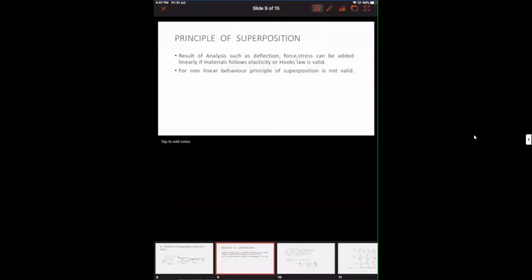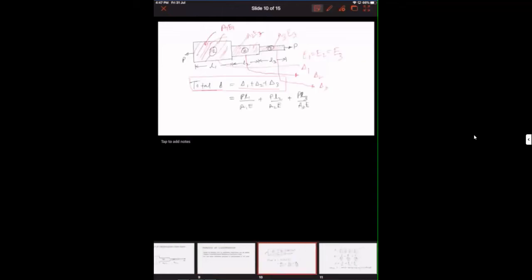Is that understood? Now I am assuming here that my deflections are linear. They are not behaving non-linearly. So I can add them linearly, 1 plus 2 plus 3. Okay. So I have applied here total deformation delta is equal to delta 1 plus delta 2 plus delta 3.